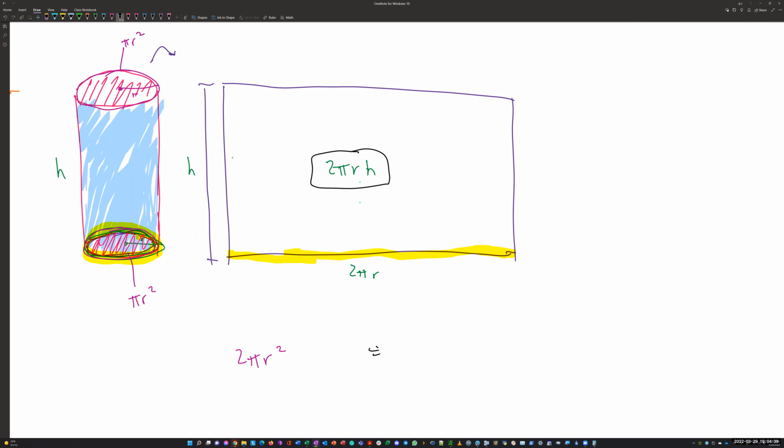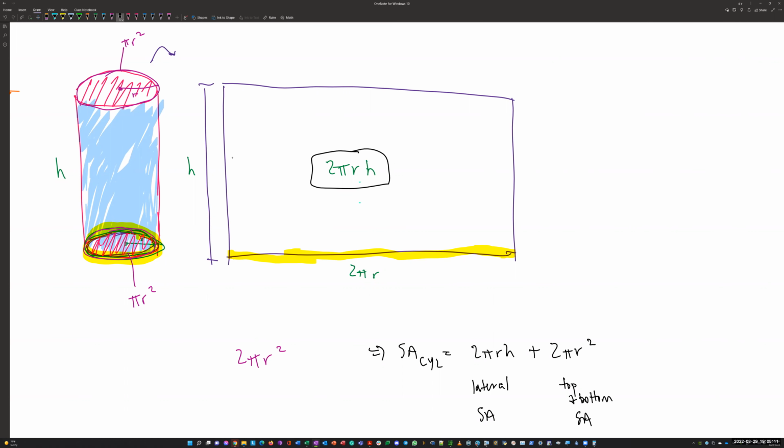So that means the surface area of a cylinder is 2 pi r h plus 2 pi r squared. Where this is the area of the lateral faces, or lateral surface area, and this is the top and the bottom. Does that make sense?